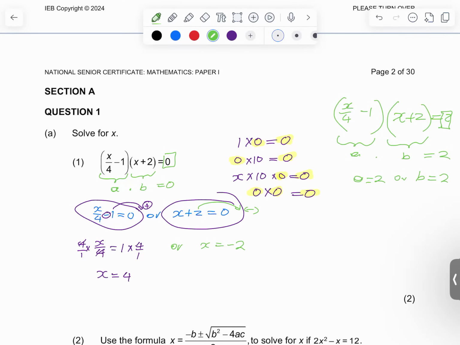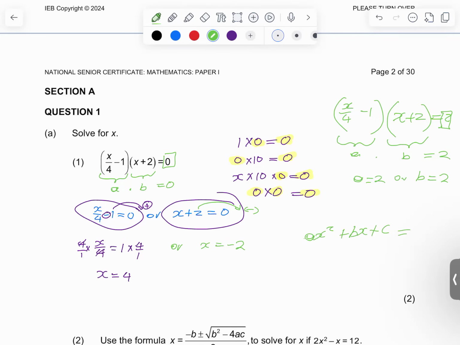So if you're given a constant on the other side, or either side, you need to break the bracket, FOIL it out, then transpose, take all terms to one side, add or minus like terms, and then write it in standard form. The standard form of a quadratic equation is ax squared plus bx plus c.